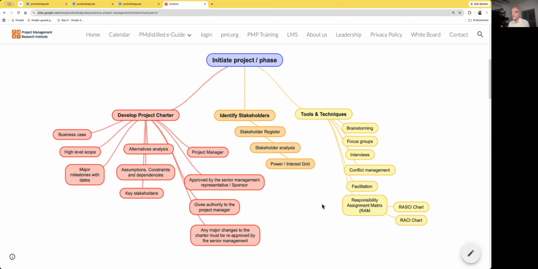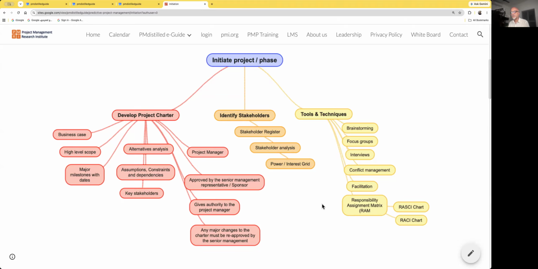So sometimes people ask this question: when does a project fail? At the beginning, during execution, or at the end? Very often, the root cause of failure happens at the beginning of the project.